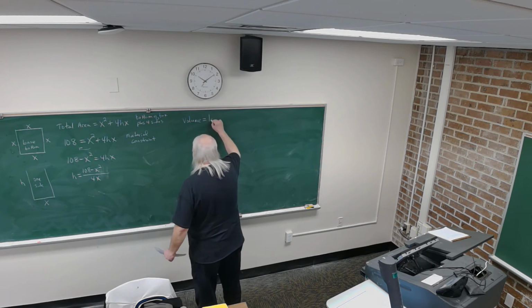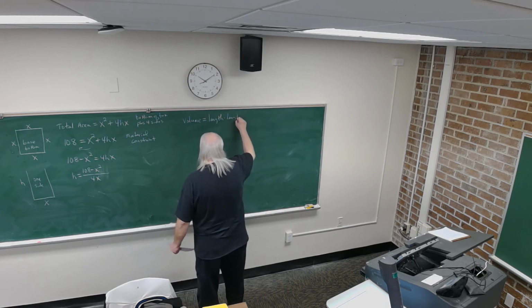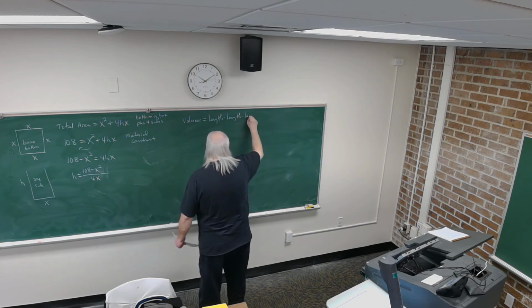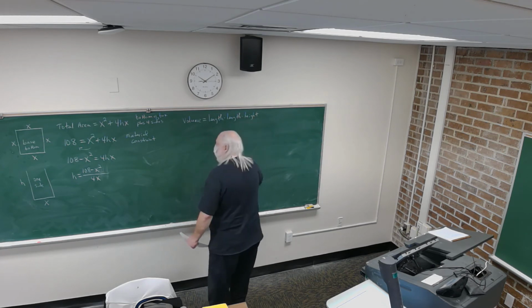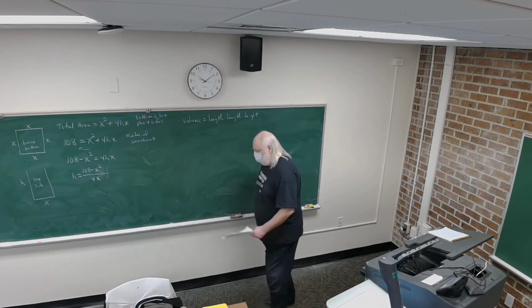So volume for this box is length times width times height, right? Because remember, it has a square base.